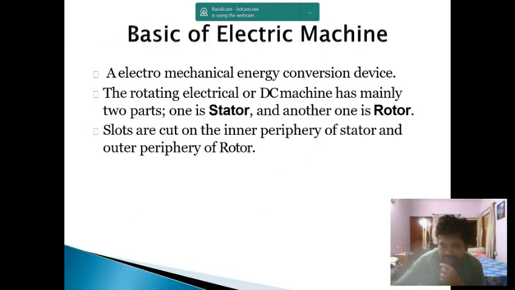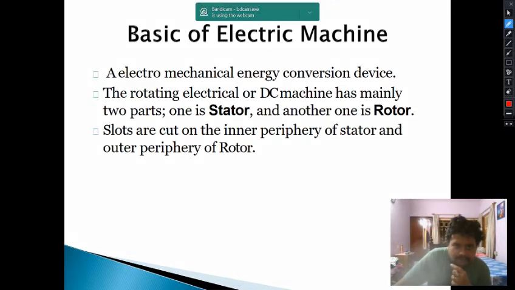So let us start the basics of an electrical machine. The first point, which is highlighted over here, is that an electromechanical energy conversion device is an electrical machine. That means it is an interconversion between electrical energy and mechanical energy.